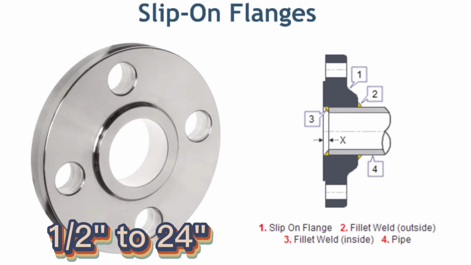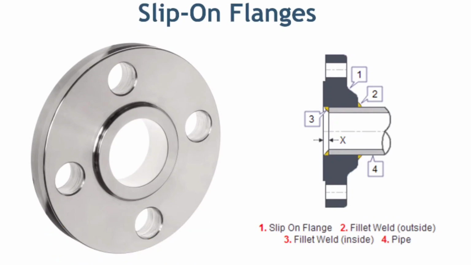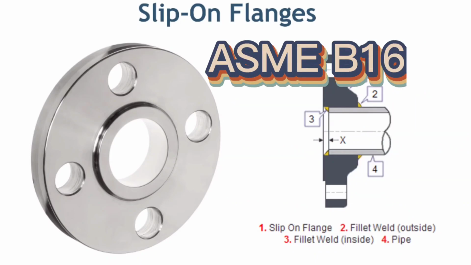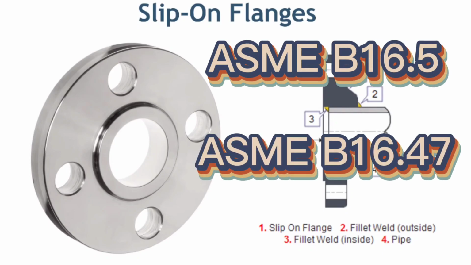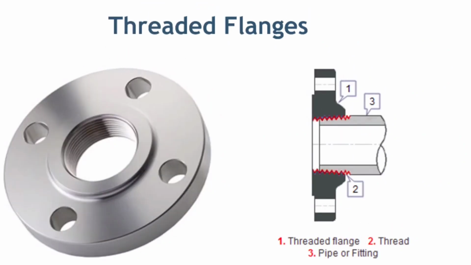Special made outer diameters, up to 60 inch. Class range, Class 150, 300, 400, 600, 900, 1500, 2500. Slip-on flange dimensions are covered in ASME 16.5 and ASME 16.47.